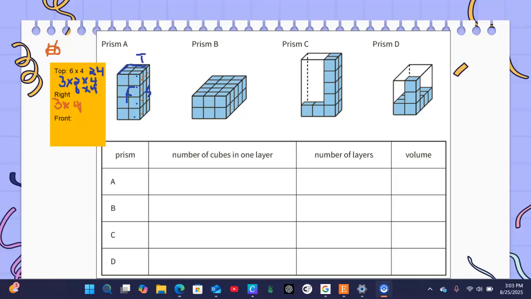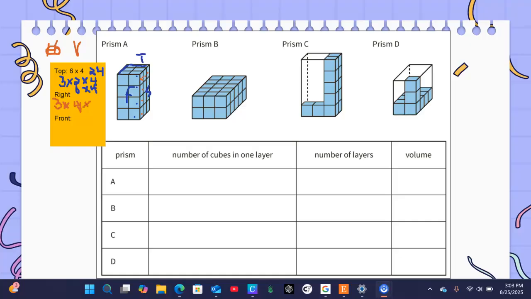So this right here, where it's going from left to right, that would be horizontal. Another word is vertical. That would be up and down, just like the V, it's going up and down. So there are 4 vertical cubes and 3 horizontal cubes.